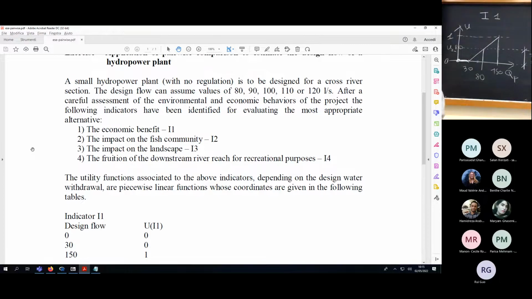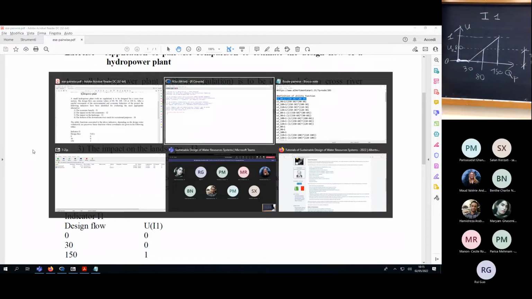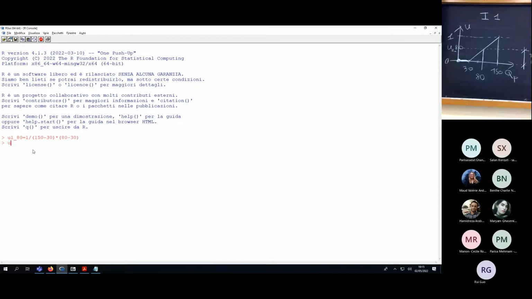So let me write on the console: U190 is equal to 1 divided by 150 minus 30 times 90 minus 30. Okay, let's check. U180 is 0.41. U190 is something more.